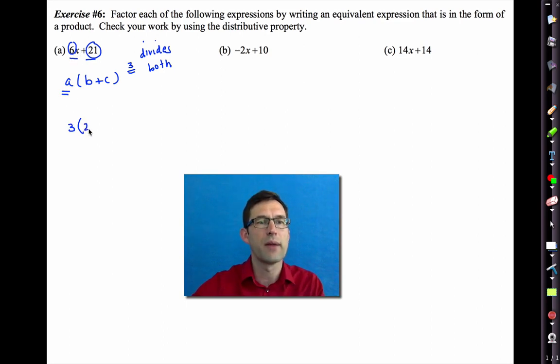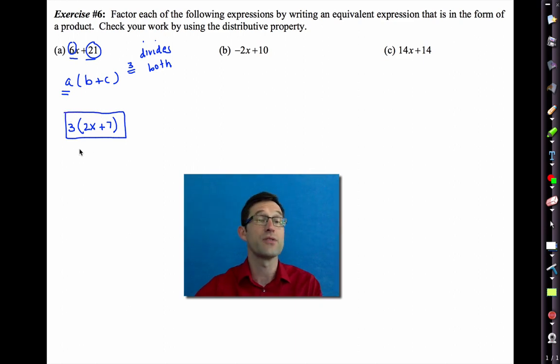Well, I'd have to multiply by 2 to get the 6 and x to get the x. Plus, now what do I have to multiply 3 by to get 21? That's going to be 7. So that is an equivalent expression that's been factored. We can check it by simply multiplying back through to see if we get that. And we do.